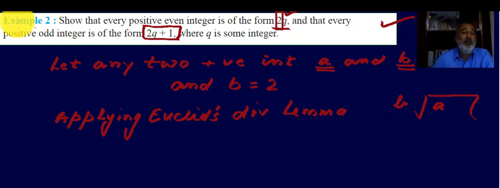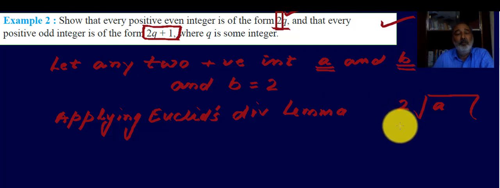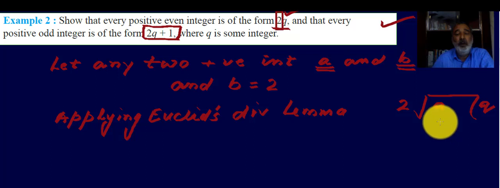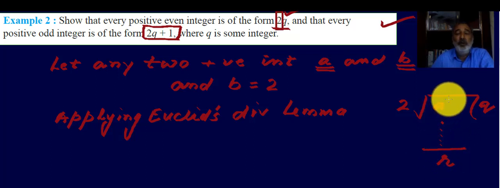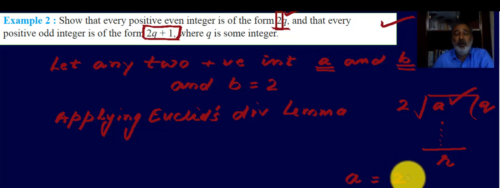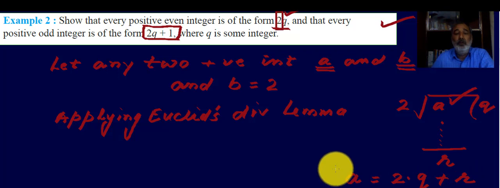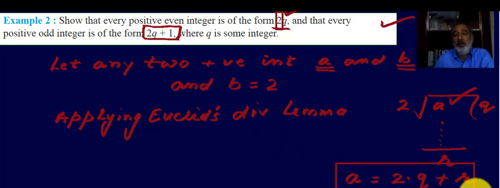I have taken this value as 2. Let there be some quotient q and remainder r. So what should be the value of a? A should be equal to 2 multiplied by q plus r. This is the previous relation I have shown you in Euclid's division lemma.